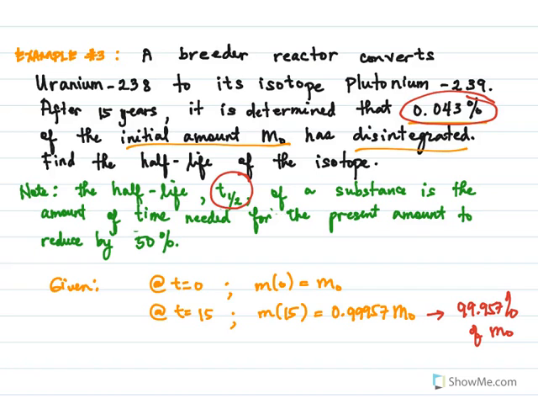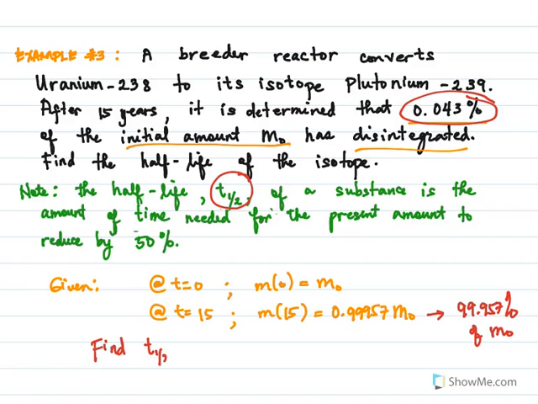So ang natitira pa is 99.957% of the initial amount. Hindi yan half-life kasi hindi naman nangalahati eh. But after 15 years, ito pa yung natitira, 99.957% of M naught. That is why M of 15 is 0.99957 M naught.